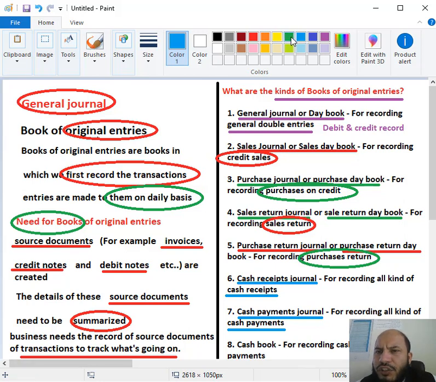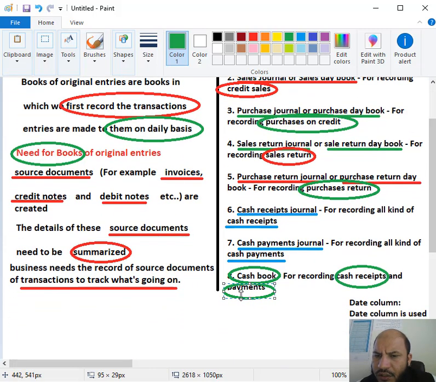And the last book that we have is the cash book. So what does the cash book do and how can we use it? Here we will record the cash received and the cash paid. The cash book is a book of original entries where we record both the cash payments and the cash received of a business.